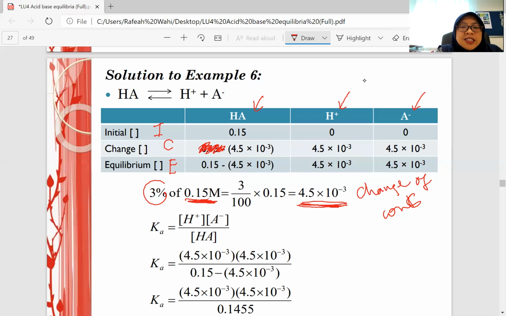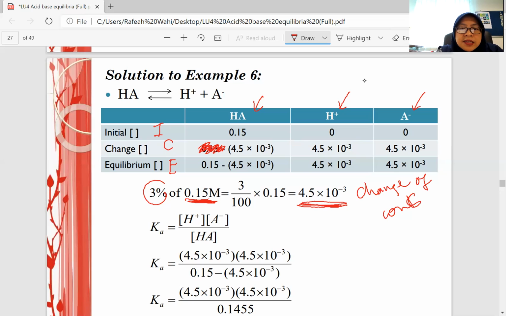So in this case, you already know the concentration of weak acid at equilibrium. It should be the initial concentration of weak acid minus the change in concentration of weak acid, which is 0.15 minus 4.5 times 10 to the power negative 3.